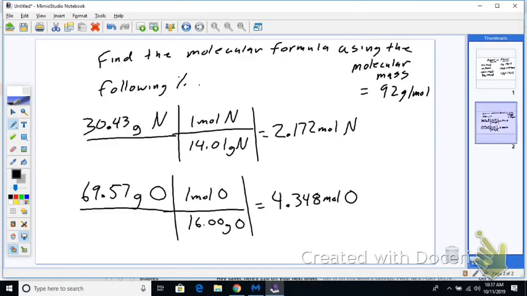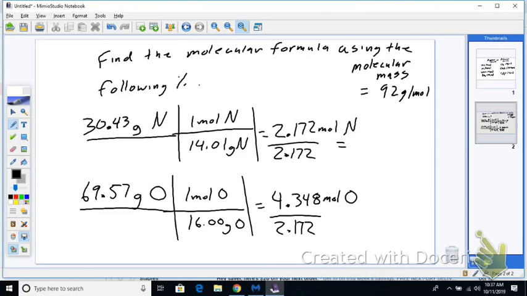So, again, the more you can look at chemistry and look at the big picture and not get caught up in all the steps and what you need to do, the idea is we want to get this to a simple ratio. And to do that, that's why you divide by the smallest number of moles, so that you can make that determination a little bit easier.